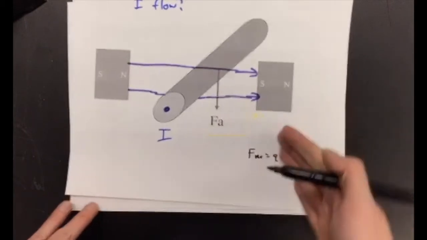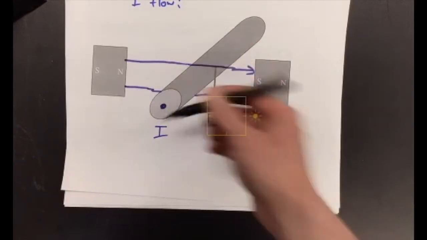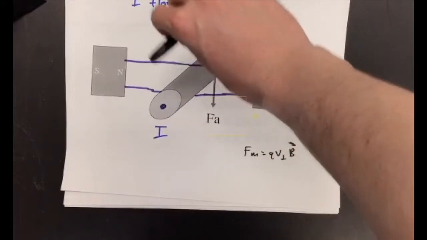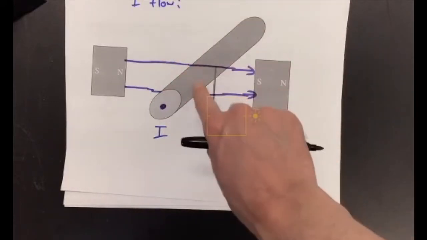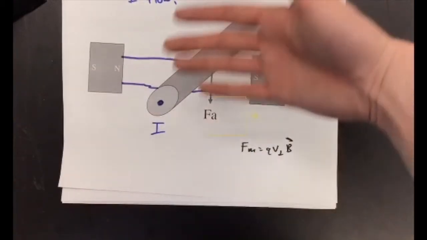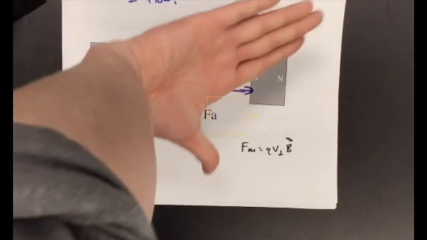So this magnetic force that is causing the current to be produced is going to go away if I stop moving either the magnetic field or the conductor. So by moving the charge through the magnetic field, I am causing a magnetic force to be produced that's going to end up pushing this current towards me.